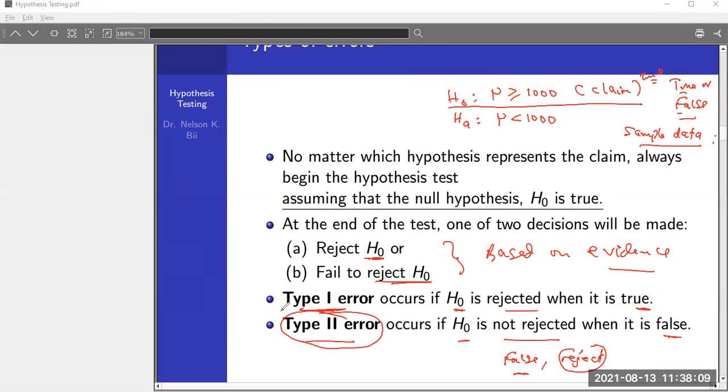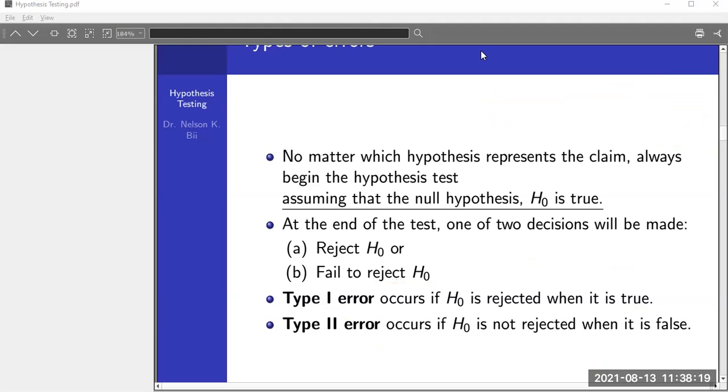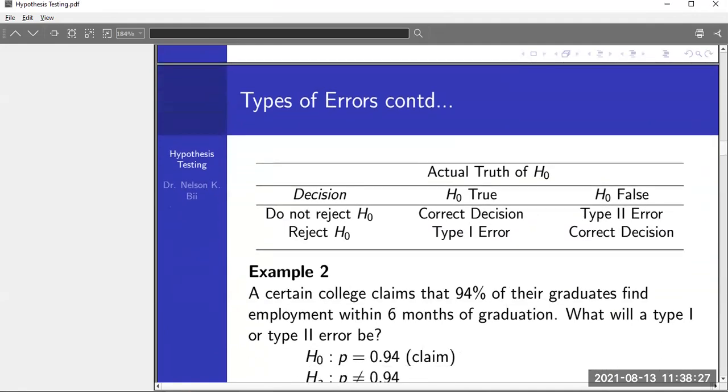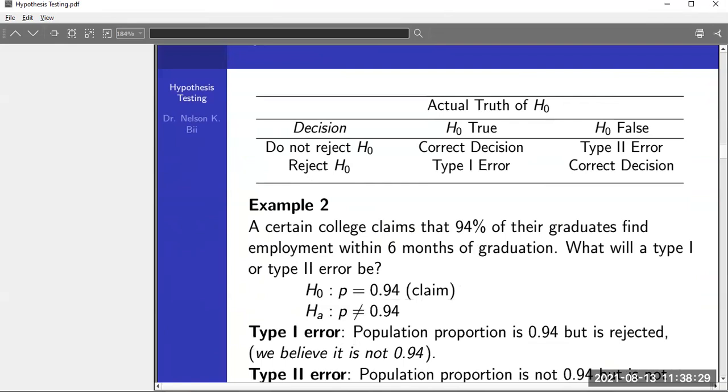That one takes place if the null hypothesis is not rejected when it is actually false. So we can look at this table that will enable us to understand what we mean by type 1 and type 2 error.